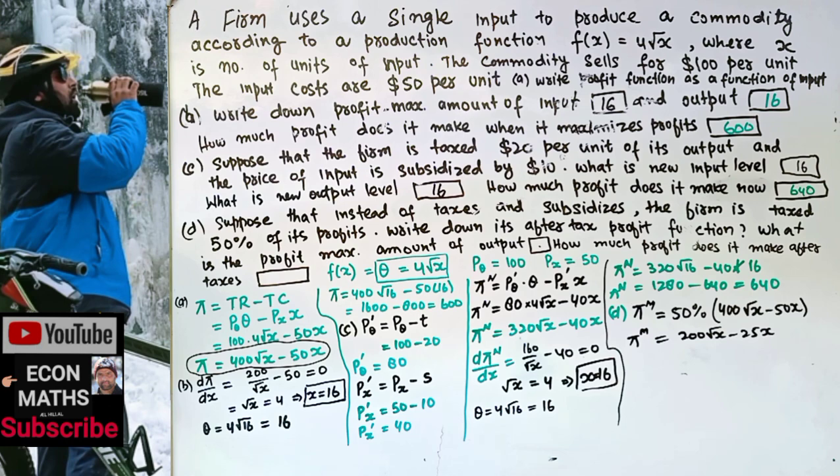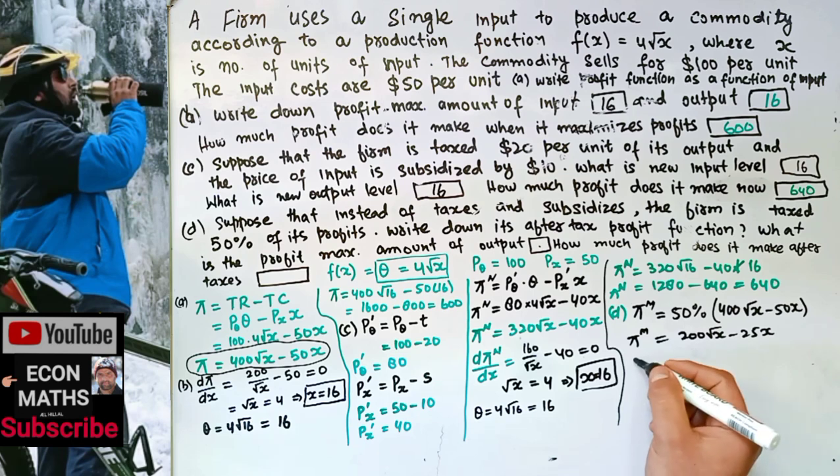And we are also asked to find the profit maximizing amount of output. For that we need to find the profit maximizing amount of input first.